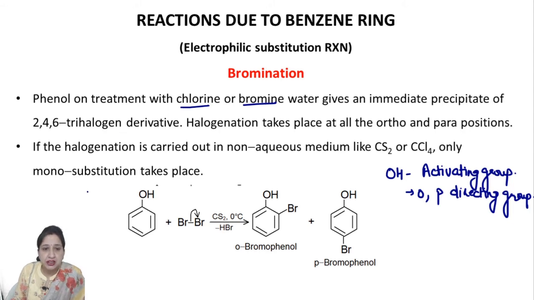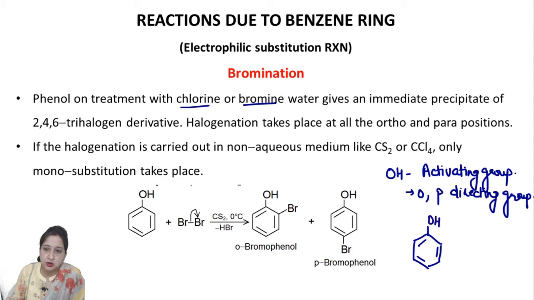But if we carry out this halogenation in the presence of some non-aqueous medium like carbon disulfide, then we get only mono substituted products, either ortho-bromophenol or para-bromophenol. Otherwise, if we do not use these solvents, all the ortho and para positions can be occupied to give tri-substituted products like this.